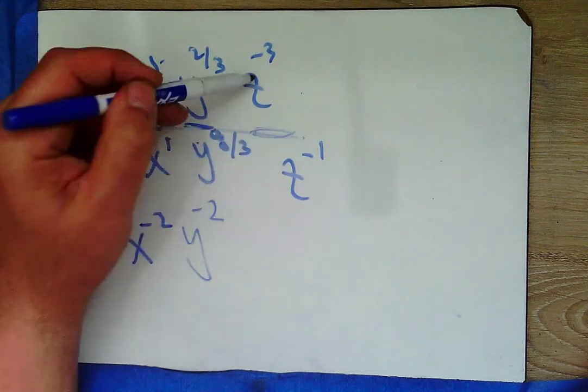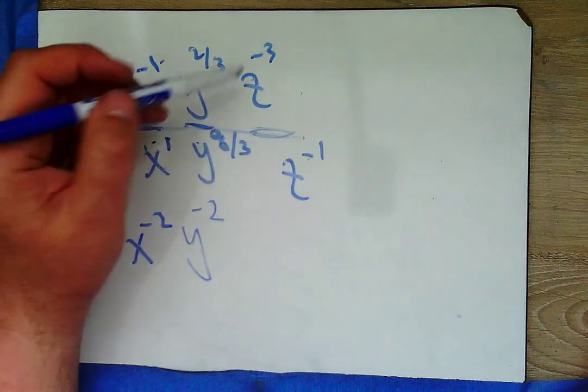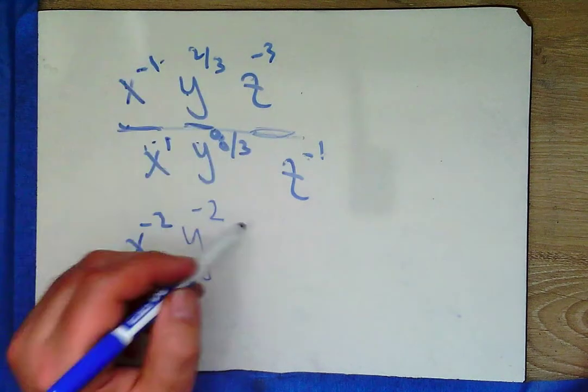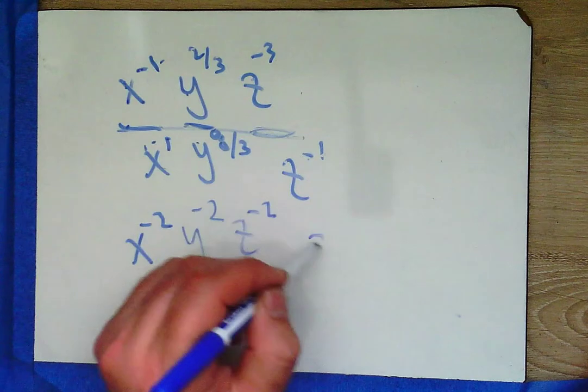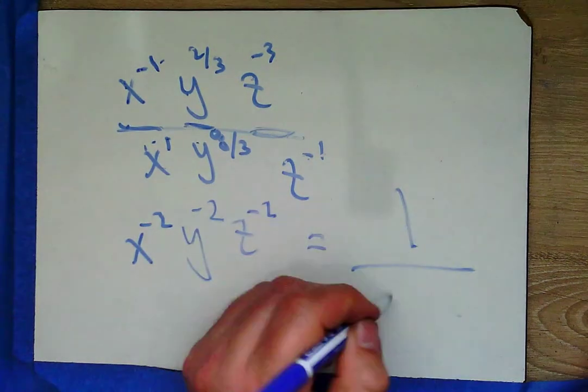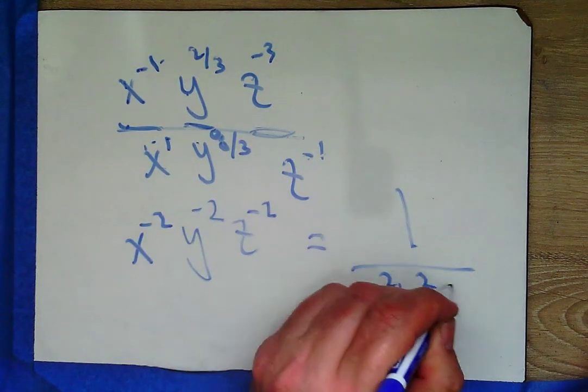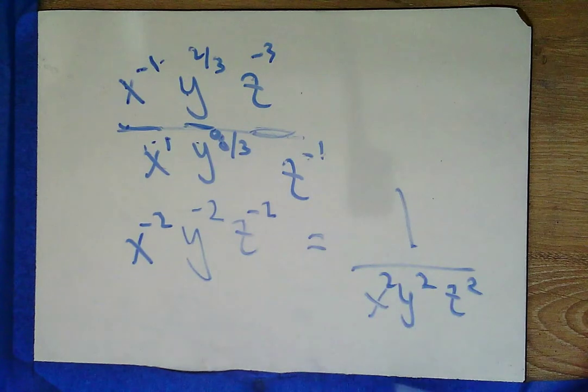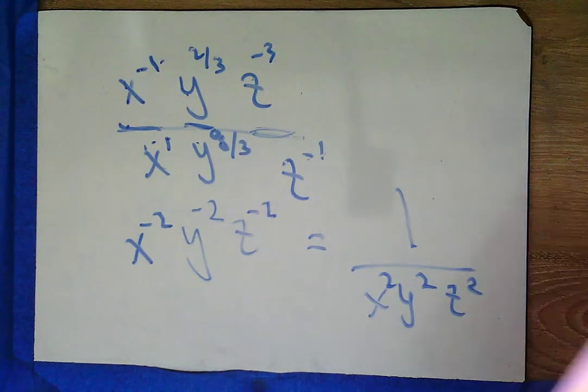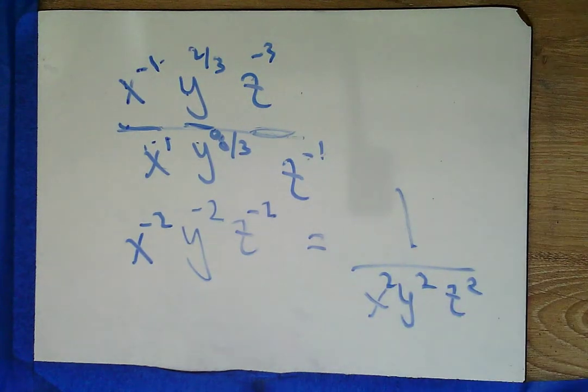And then here, the bases are the same, so I can subtract. Minus 3 minus a minus 1 is minus 2. And so I have 1 over x squared, y squared, z squared. Okay? Be comfortable with simplifying radicals, but be even more comfortable working with rational exponents.